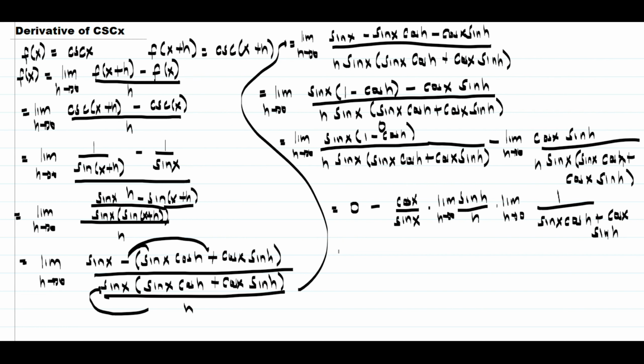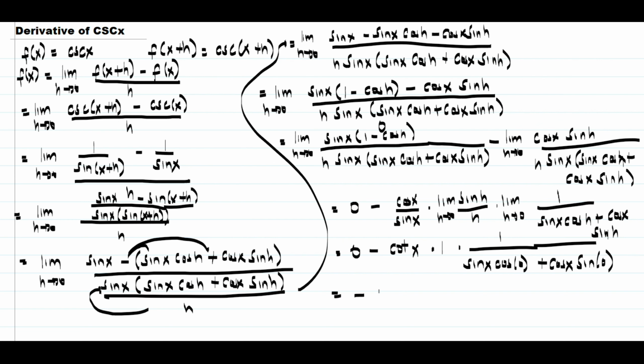So to simplify this one, let us have 0 minus cosine over sine, that is cotangent x, and the limit of sine h over h as h approaches 0, that is 1. And then we have 1 over sine x cosine 0 plus cosine x sine 0.